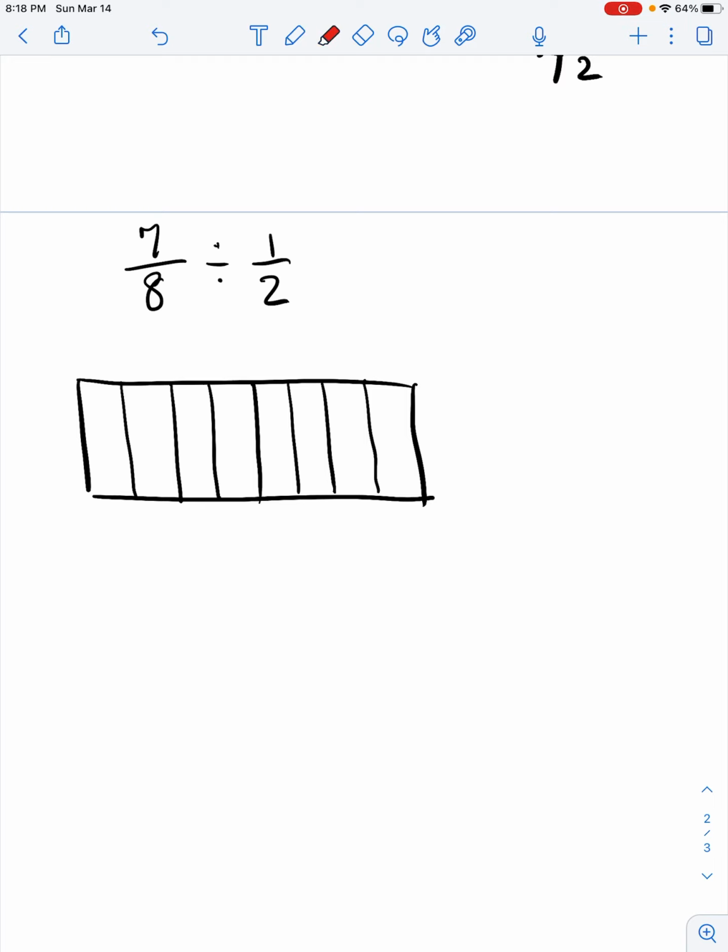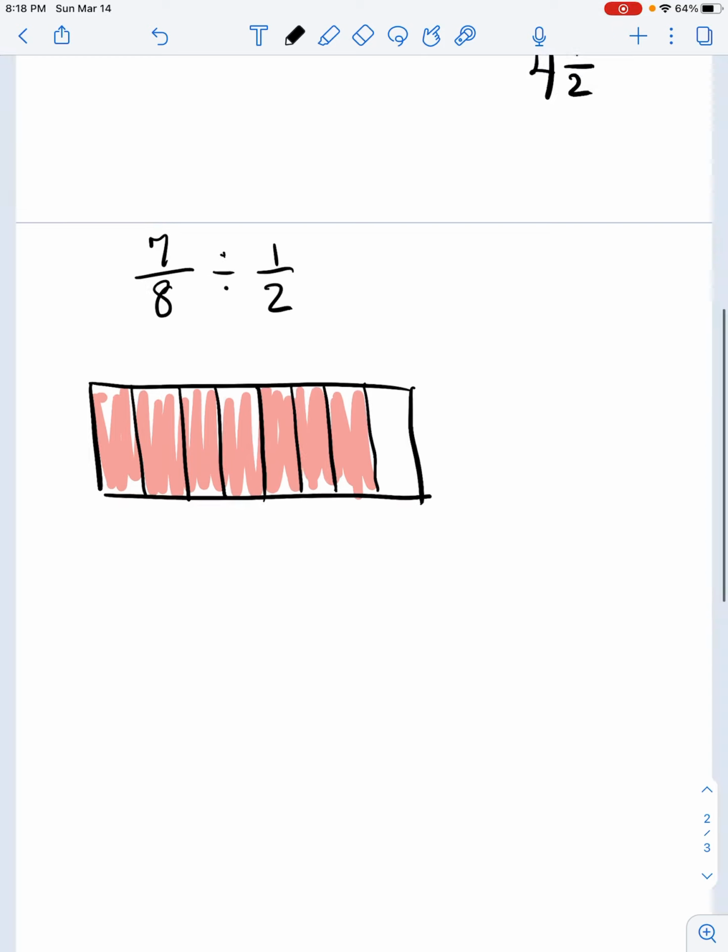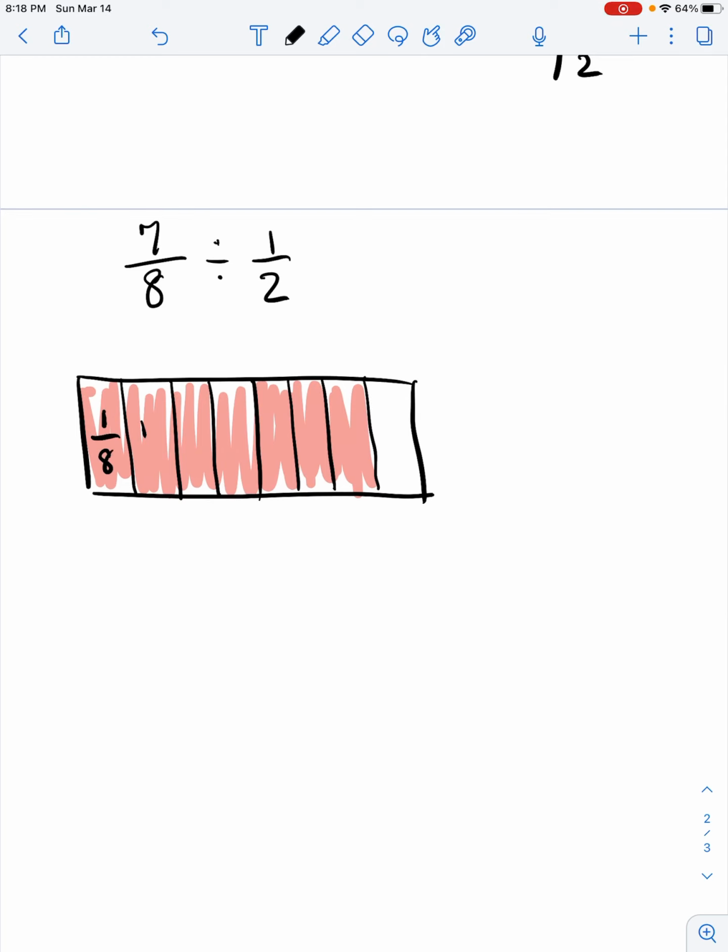And let's shade in 7/8. Okay, and let's label each of these is 1/8. And obviously there are 8/8 in 1 whole.